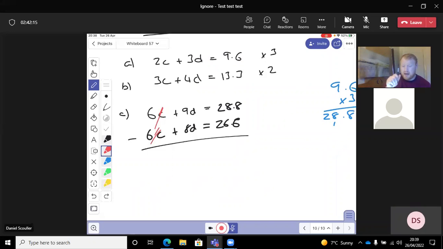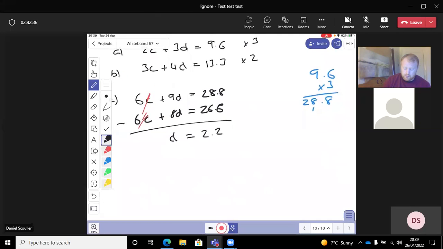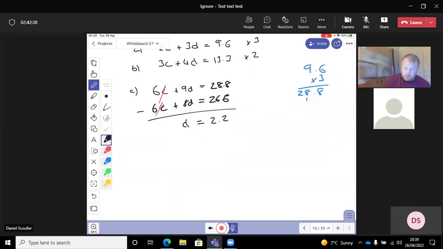So whatever multiplication is simpler, in this case the 3 and the 2, it means I can remove the C, eliminate the C. That makes sense. So that would leave me with D equals 2.2. Okay. So that's nice and easy, the fact that 9D minus 8D will leave me with 2.2.